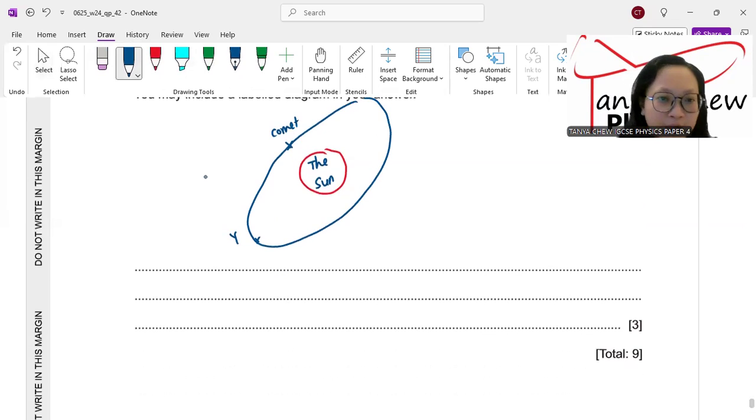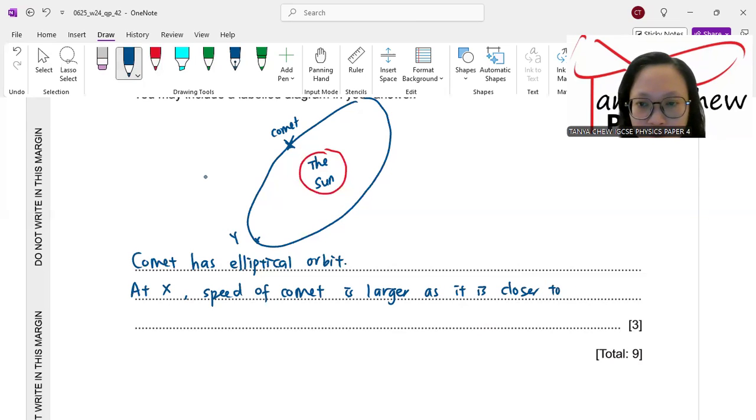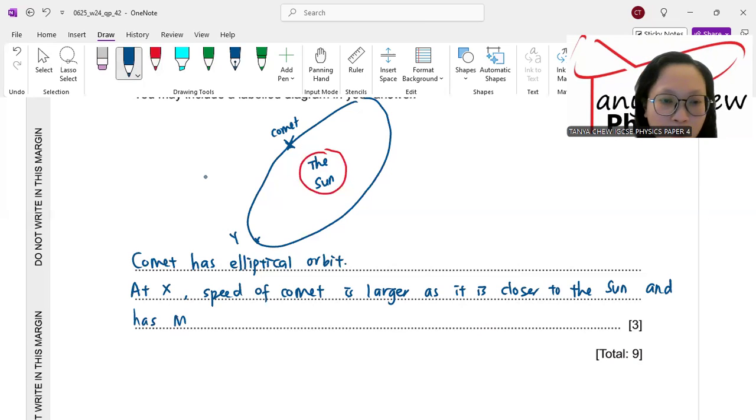I said that comet has elliptical orbit. At x, speed of the comet is larger or higher as it is closer to the sun and has more kinetic energy.